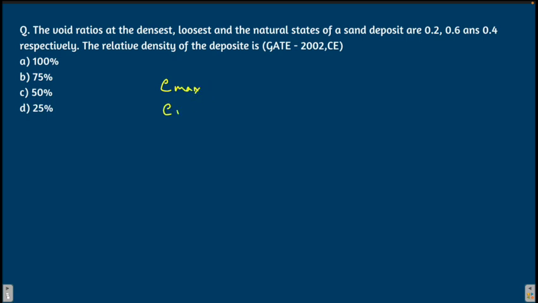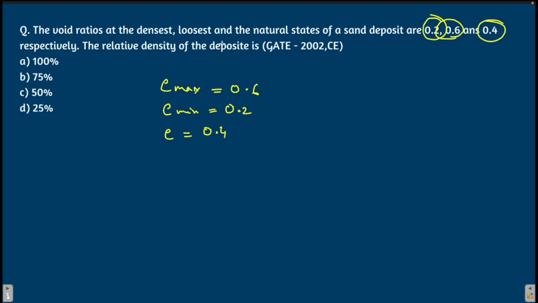In the loosest state, the maximum void ratio is given to you, and in the natural state it is given to you as 0.4. So all the void ratios are given to you.